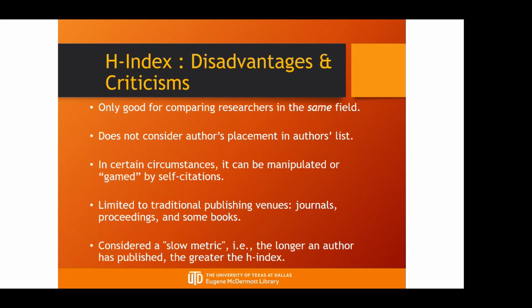Also, you may have noticed that the H index is limited in that it works very well for the scientific disciplines, but it does a disservice to the authors and scholars in the arts and humanities. That's because the H index, by and large, depends mostly on journals and conference publications and overlooks the impact of non-traditional sources common in the arts and humanities that would nevertheless signify an author's impact and influence.